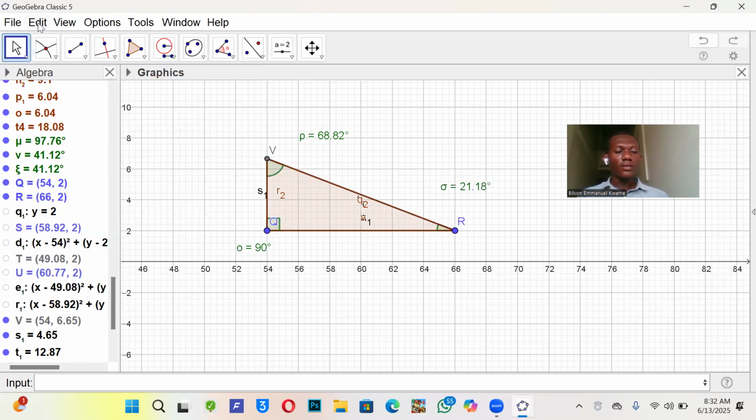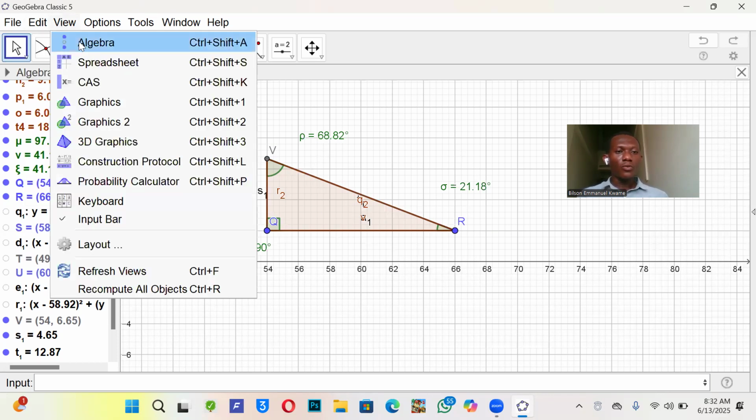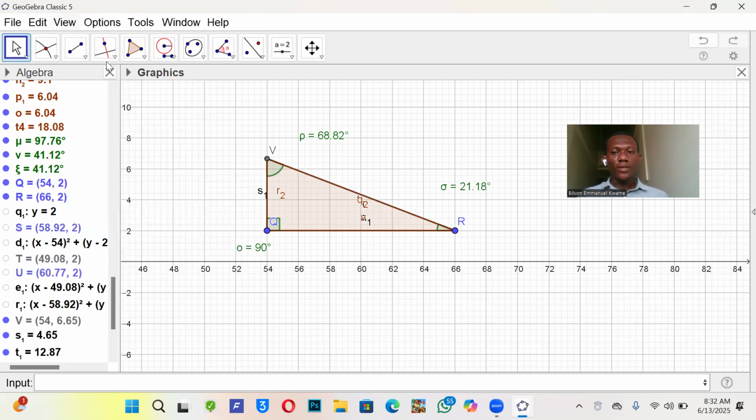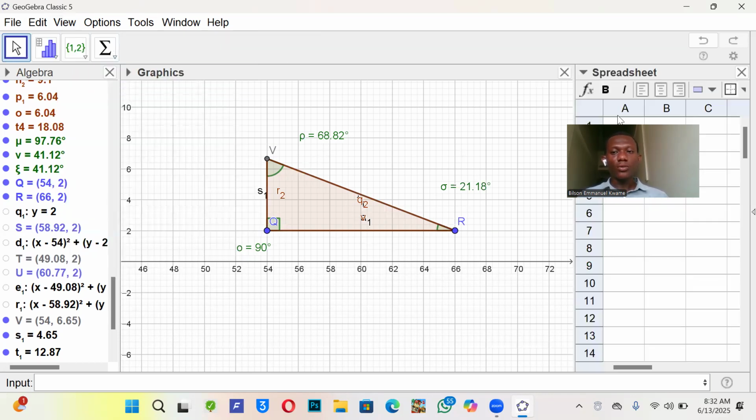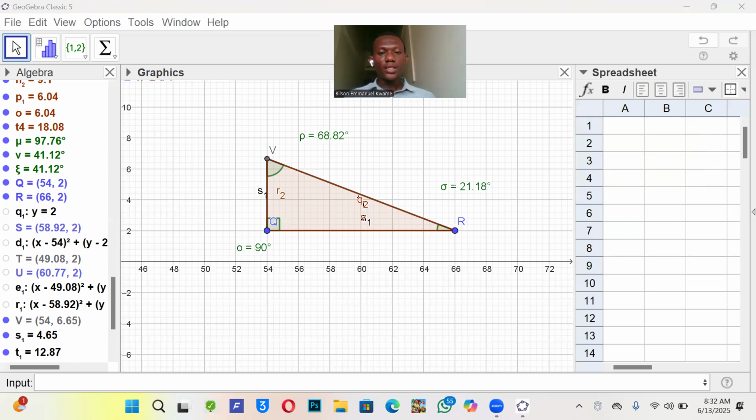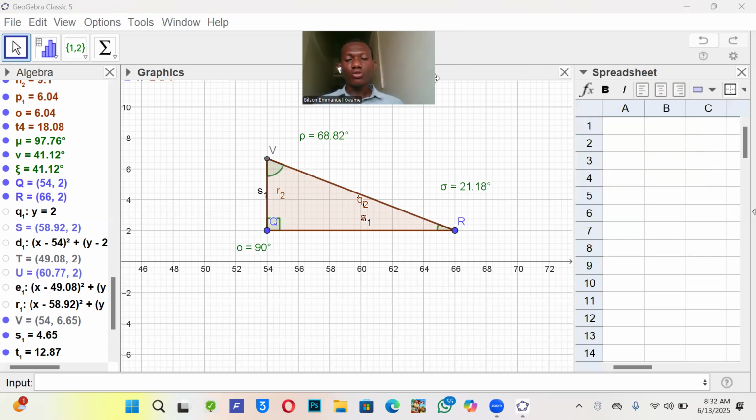To find the sum of the interior angles, you just have to come to the spreadsheet. You activate the spreadsheet, and it will come. After activating the spreadsheet, the next thing is to type in the input field.